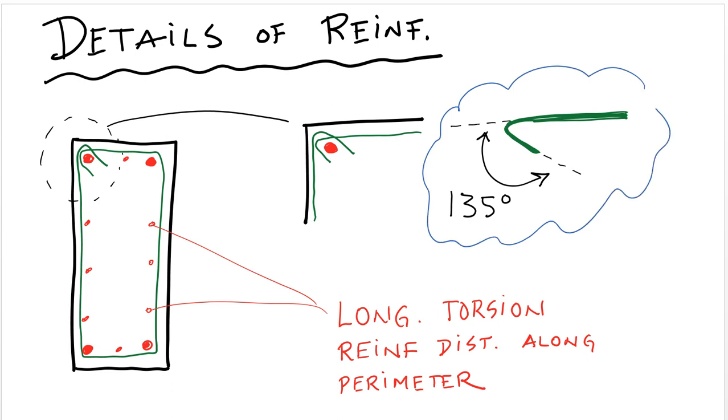You would have to do the same for the one coming up, but you have to hook it 135 degrees so that it actually locks in. This means that you can't have transverse reinforcement for torsion that looks like that. That is okay for shear, but it is not okay for torsion. This kind of transverse reinforcement is not acceptable for torsion.